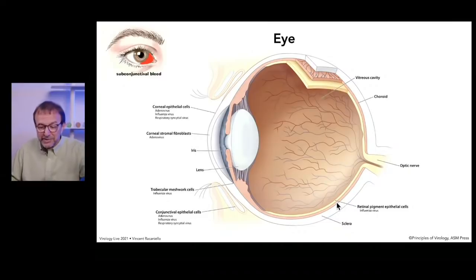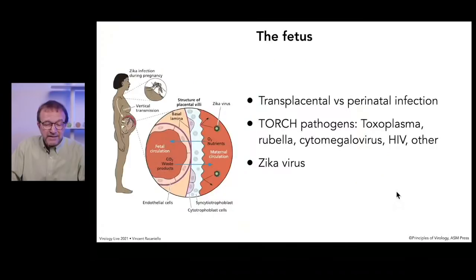Even retinal pigment cells can be infected by influenza virus. So another portal of entry, if you swim in, say, pools or hot tubs that are improperly sanitized, there may be viruses in them, and you often can get adenovirus infections. They're often associated with improperly sanitized pools.